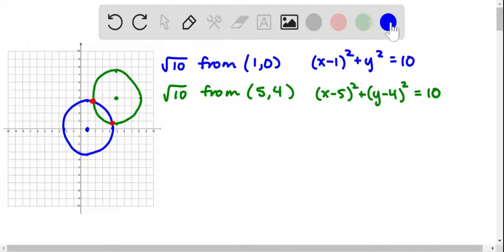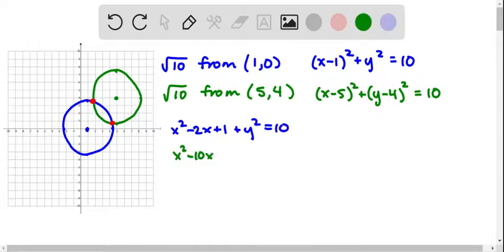So the next thing I would do is multiply everything out in both equations. So we have x^2 - 2x + 1 + y^2 = 10. And we have x^2 - 10x + 25 + y^2 - 8y + 16 = 10.